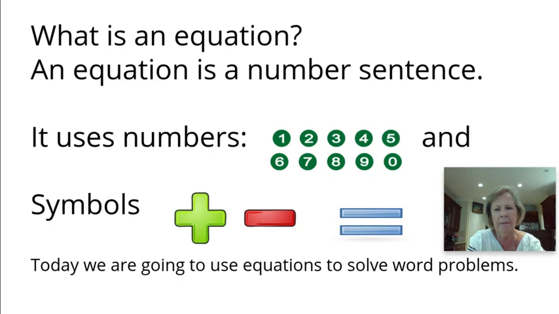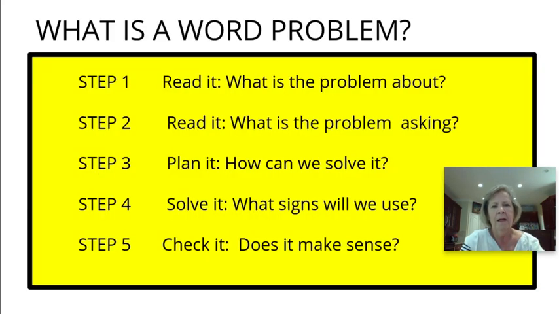Here's how we're going to solve the word problems. A word problem is a story. It has sentences and it tells you something that's happening, and you have to find out the answer. Step number 1 says, what is the problem about? So you're going to read it, and then step number 2, read it again and decide what is the problem in this word story.